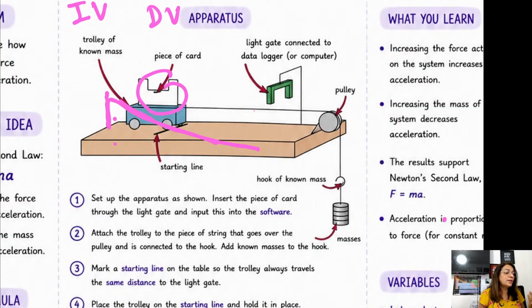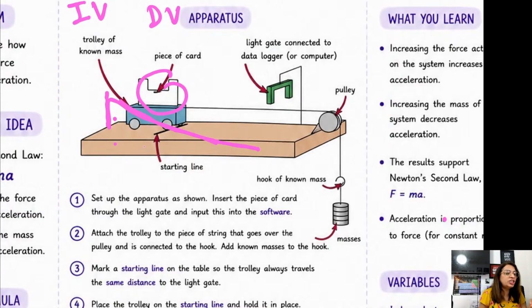Guys, can you not just stare at me? Type the answer. Yeah, very good. Will it be dependent or independent?